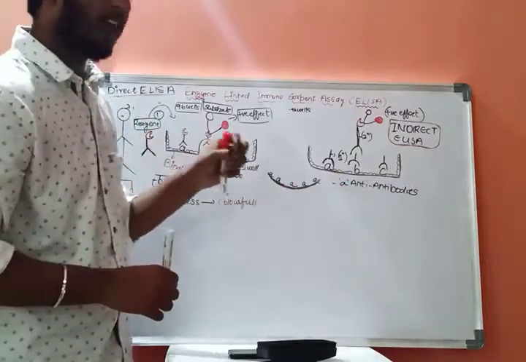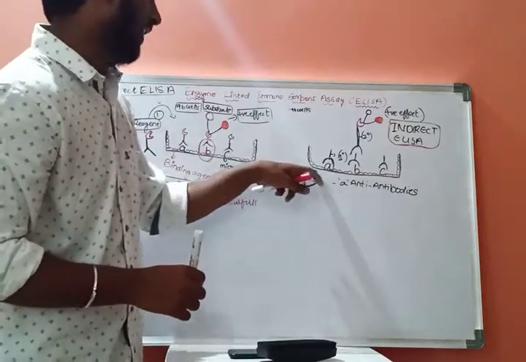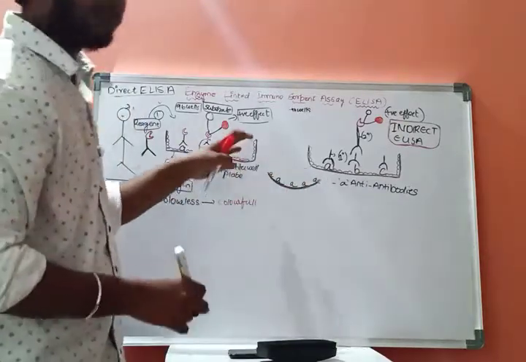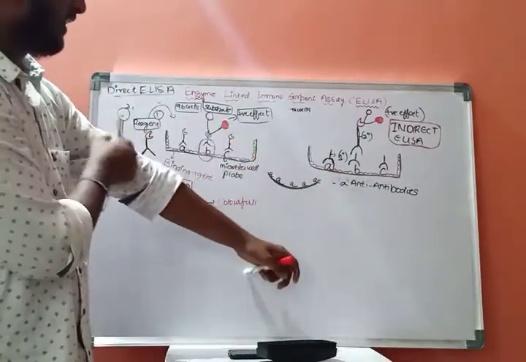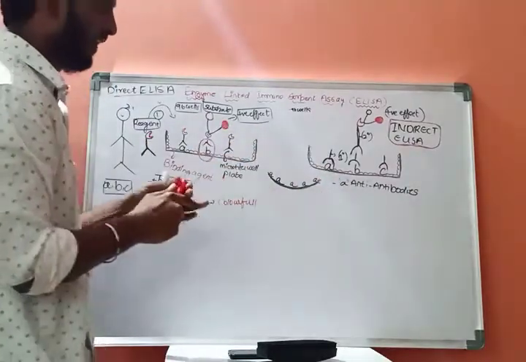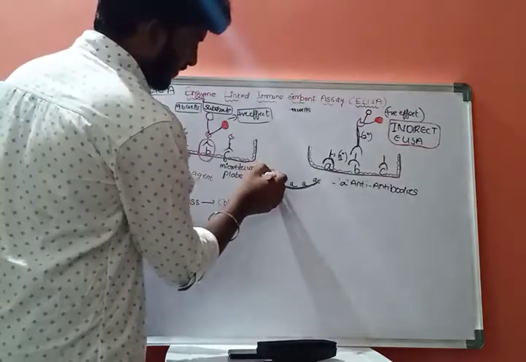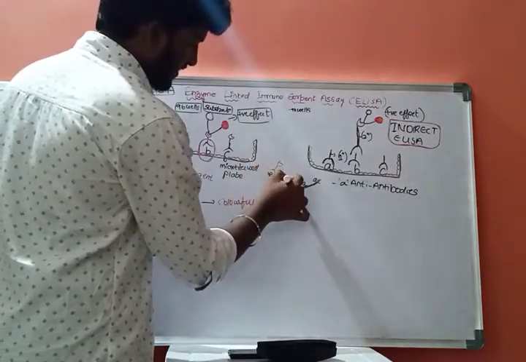Now, after pre-coating with A type of antigens, our antibodies, which are A type of antibodies, will get attached to the A type of antigens, which are enzyme linked.